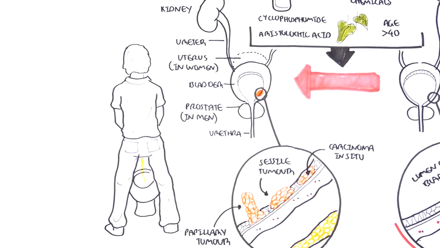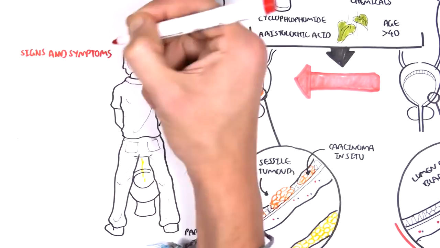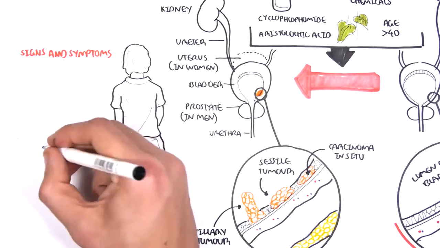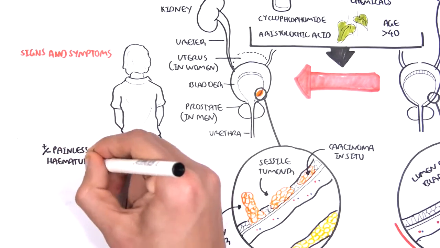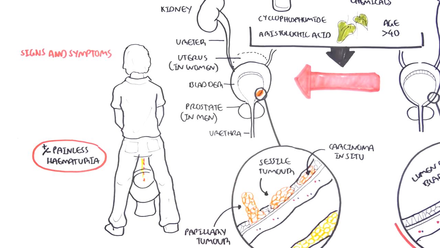The signs and symptoms of bladder cancer include hematuria, mainly, with or without pain. It's usually painless hematuria, and presentation of this should always ring alarm bells, especially in the presence of other risk factors, such as age.